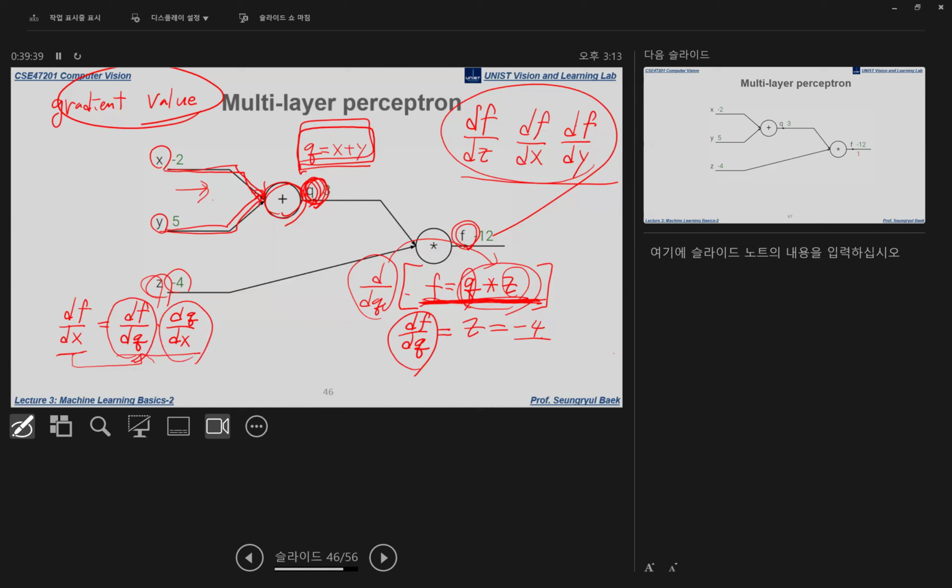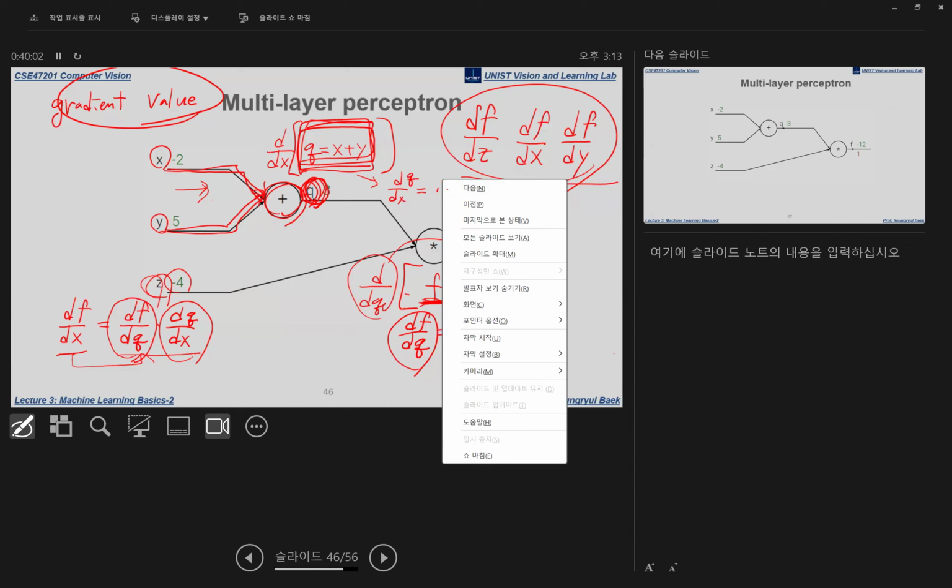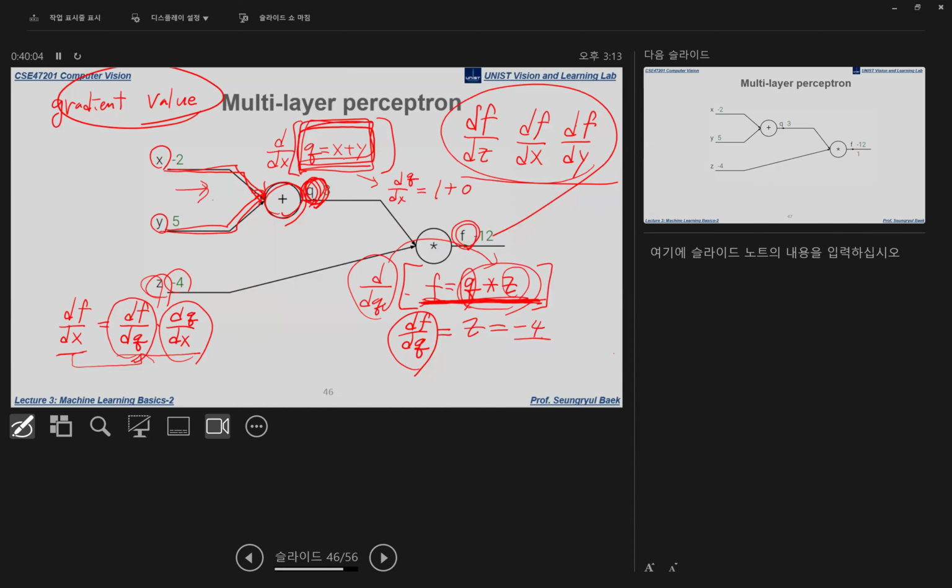And then we have to calculate dq/dx, which can be obtained from here. If we apply d/dx to the left and right sides of this function, then dq/dx is equal to 1 plus 0. Because x is the variable, when applying this, y is a constant.